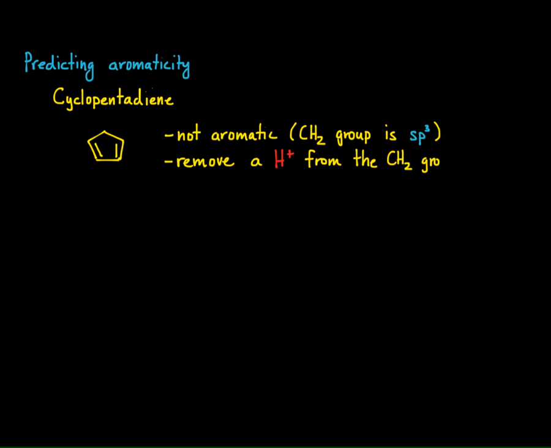Now, if we do some chemistry on it by removing a proton from that CH2 group, well, then the carbon becomes sp2 hybridized and it becomes an anion. So if I highlight the two hydrogens coming off of that sp3 carbon, and I think about what I can do with that: if I remove a proton, that means it's an acid.